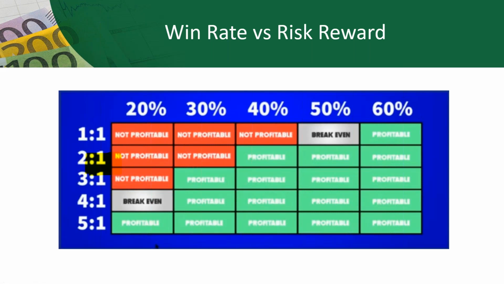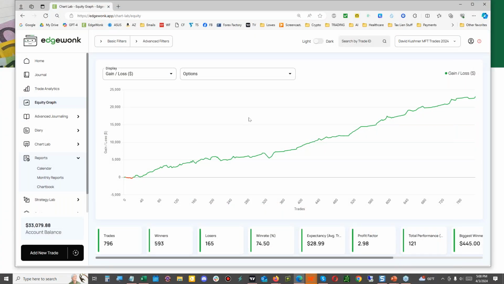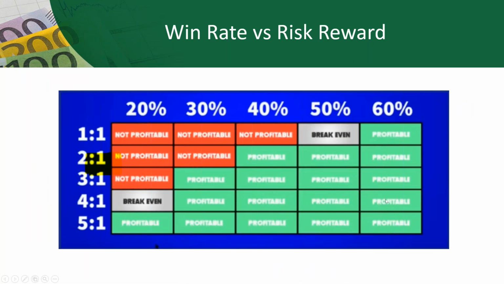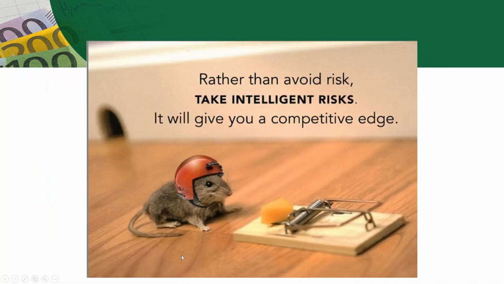If you look here in my trade journal, you can see that our profit factor is almost 3-to-1. That's why we do so well. So rather than avoid risk, take intelligent risks, and this will give you that competitive edge.